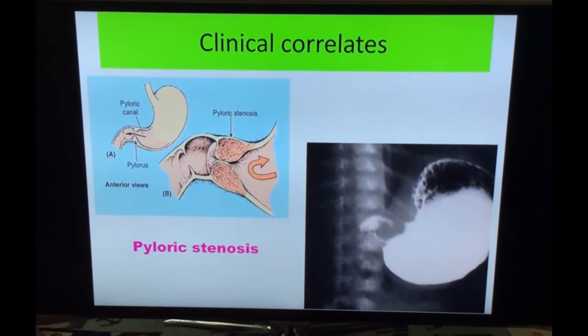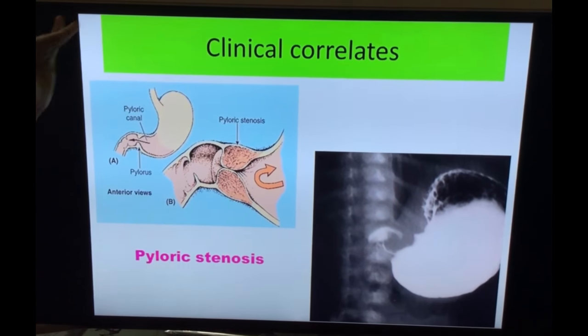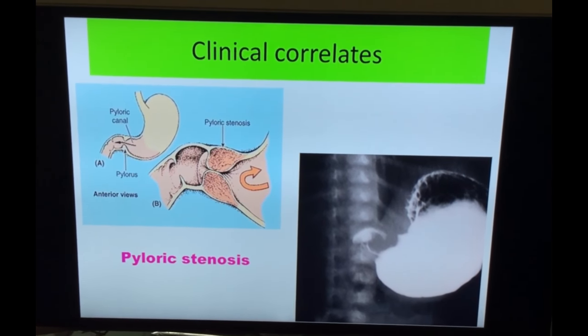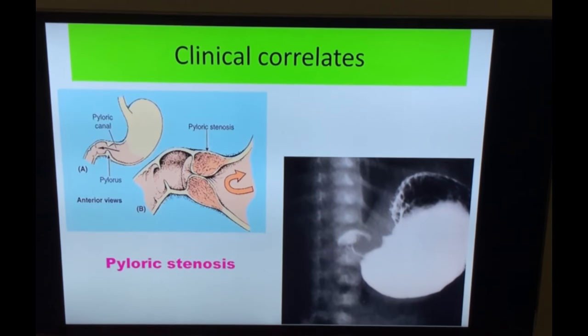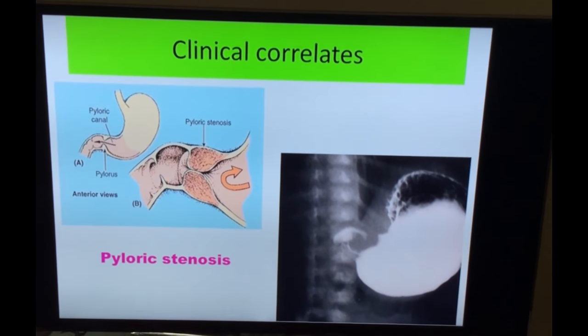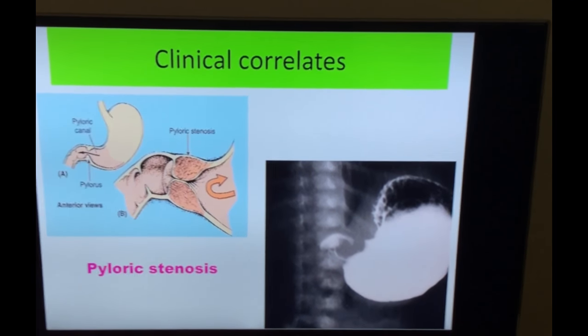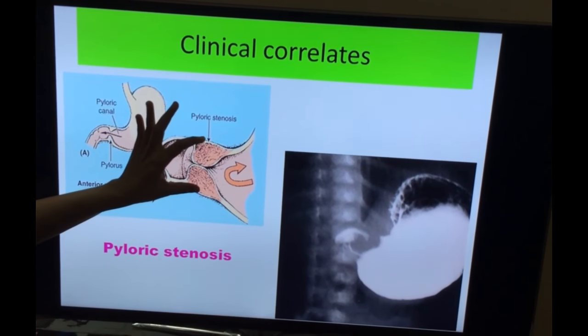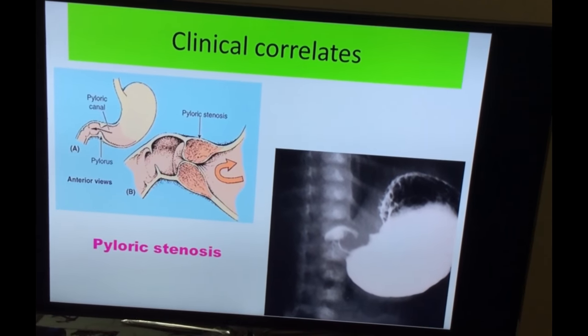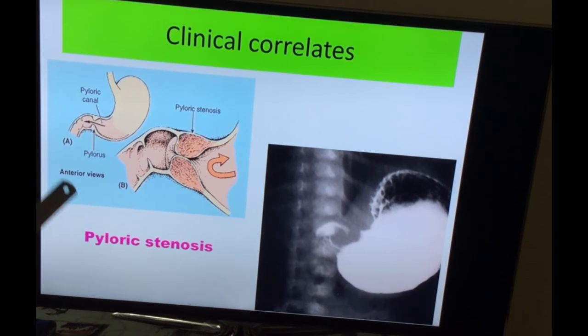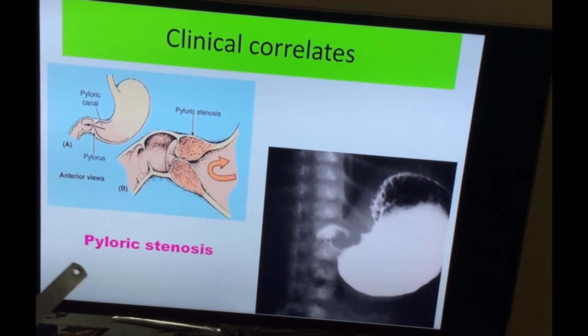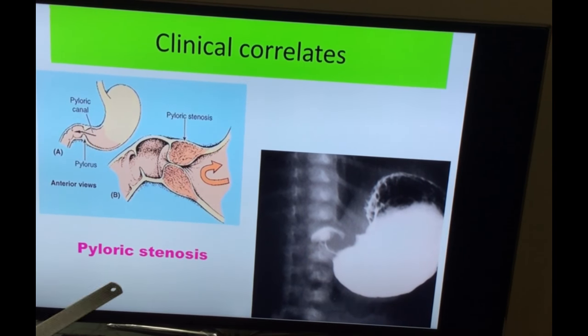Coming to the clinical aspects, before I started the development of the stomach, I had discussed a case. A 5-week-old baby came with the complaint of projectile vomiting. At the pyloric end, the epithelial layer is derived from the endoderm, and the connective tissue and muscle layer is from the splanchnic mesoderm.